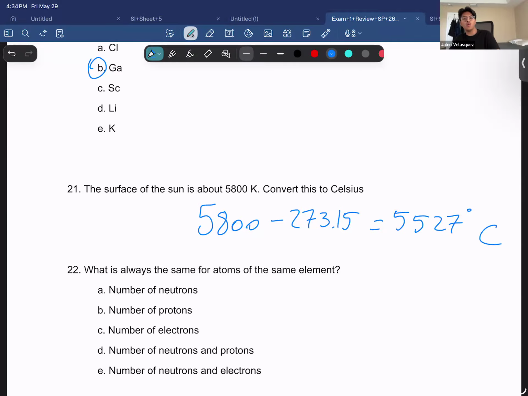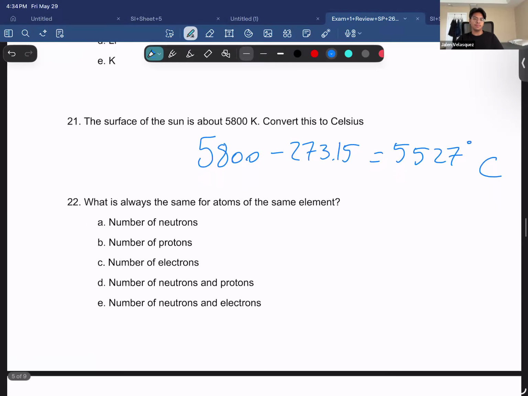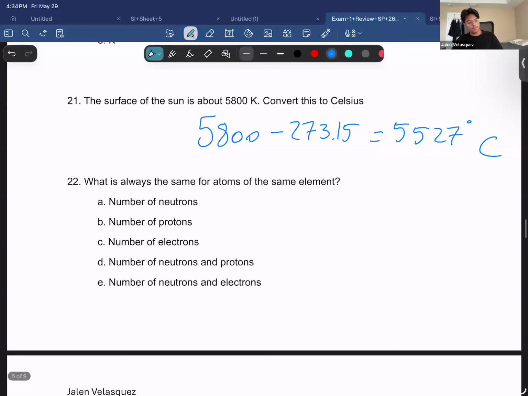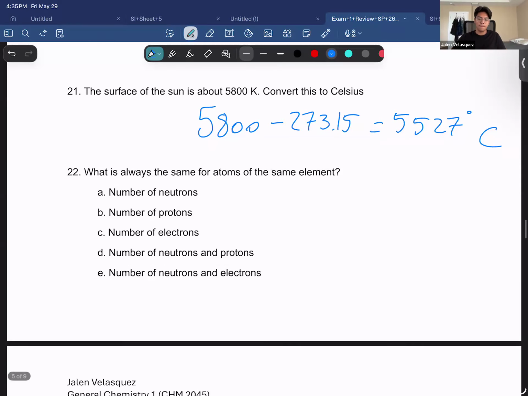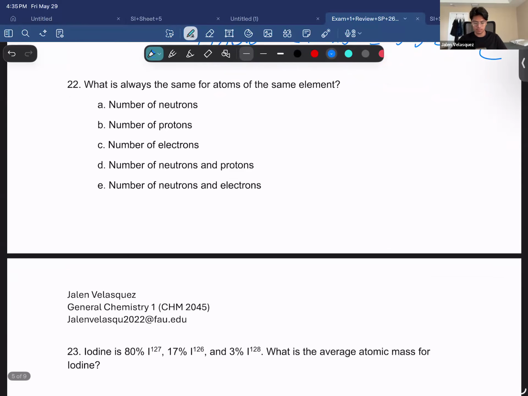All right, for 22, what is always the same for atoms of the same element? What do we think here? Any idea? Is it the number of neutrons, number of protons, number of electrons, number of neutrons and protons, or is it the number of neutrons and electrons?